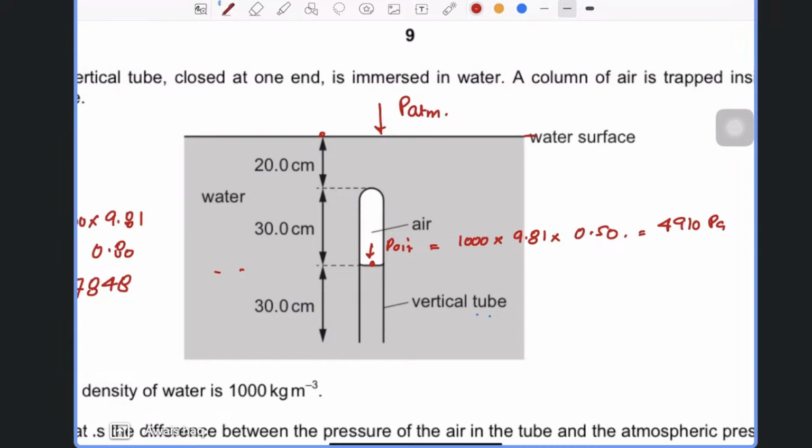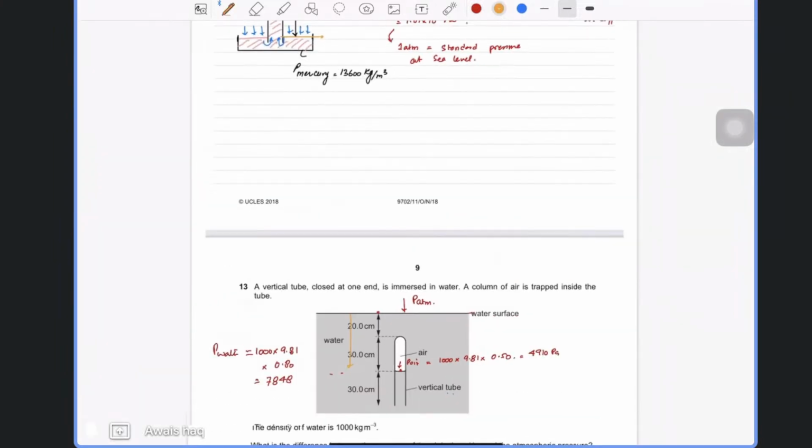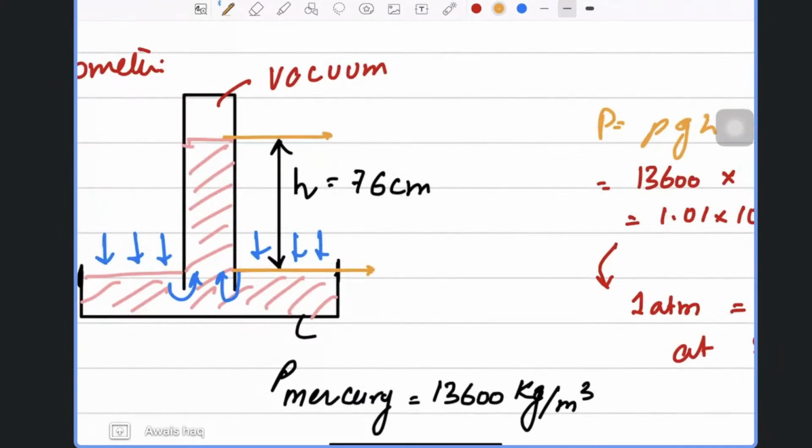Why do you take 0.5 and not 0.3? Because we have to take the depth always from the top. Like in this one, if I say you have to find the pressure, we have to find it from the top till the base we're looking at. So this pressure that we found is this pressure, right?